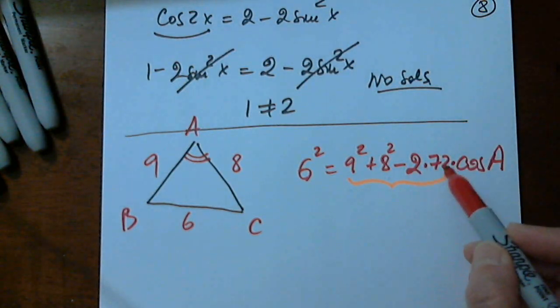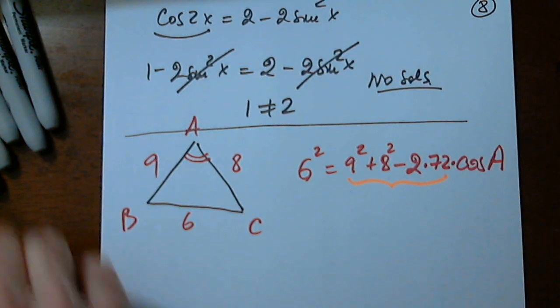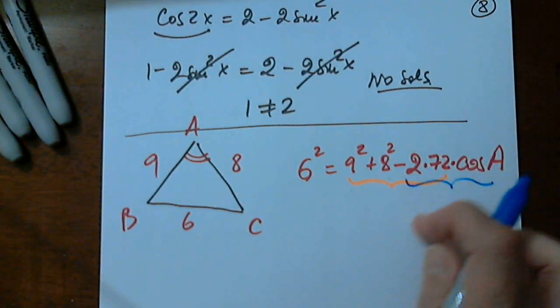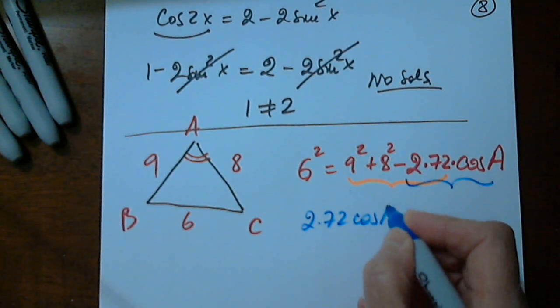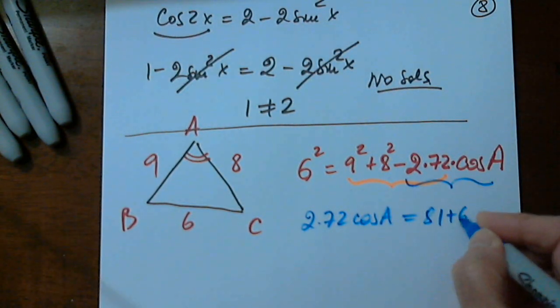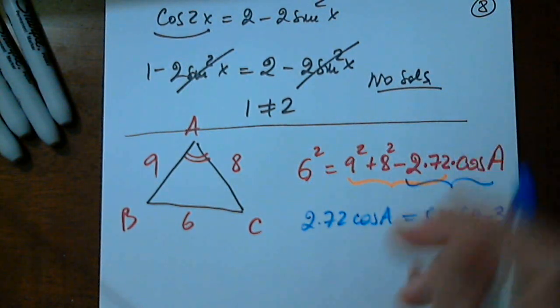You cannot separate these two from cosine. So what we do is this. We move this term to the left-hand side. 2 times 72 times cosine A is 81 plus 64 minus 36, because this one goes to the other side.